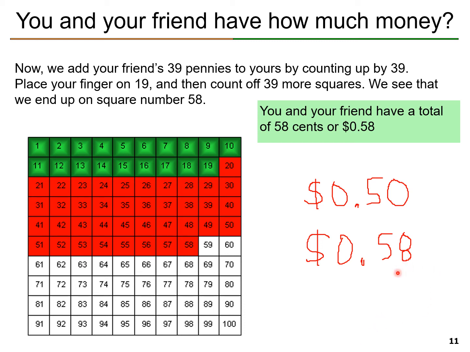This number has an 8 in the hundredths place, and this number has a 0 in the hundredths place. Because 8 is larger than 0, this number here, 0.58, is larger than 0.5. So you two have enough money to buy an ice cream cone.